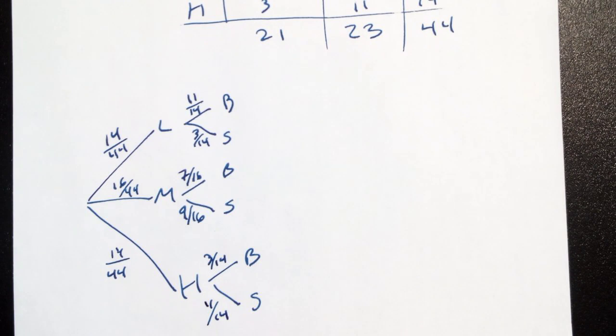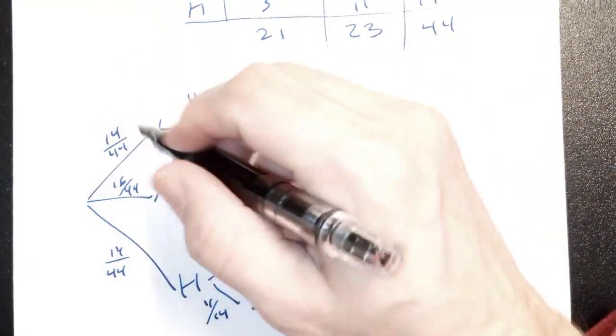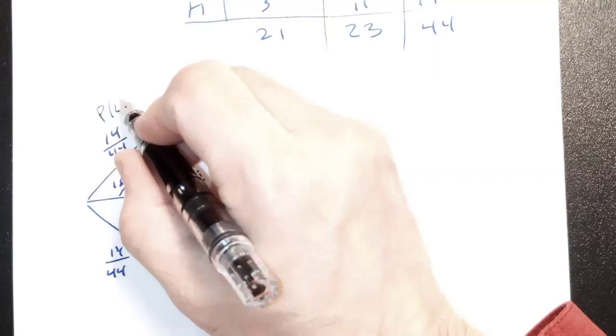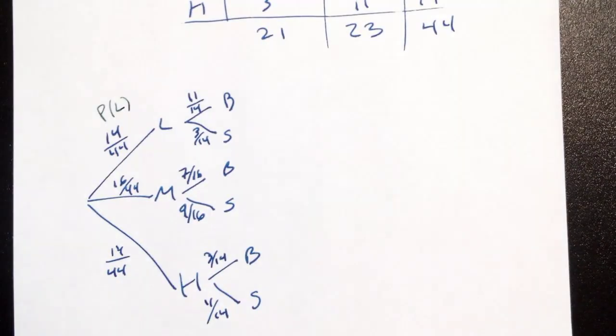Now notice, I haven't actually written down what these probabilities are yet. But let's go back and talk, because I said them verbally, I didn't write them down. This number right here, this 14 out of 44, is the chance of a low expense ratio.